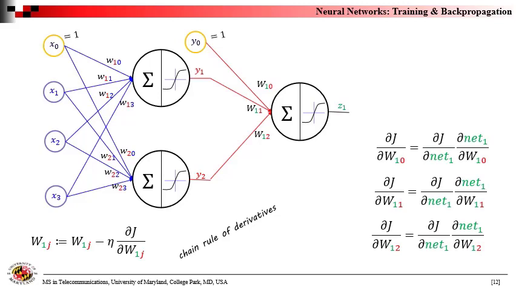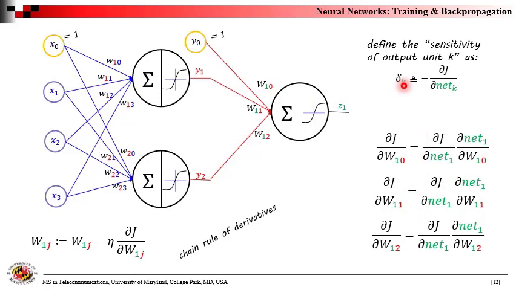In other words, we take one partial derivative that is not really obvious how to solve, and we replace it with two partial derivatives that each individually are easier to solve. And you're going to see why these are easier to solve. So the partial derivative with respect to W10 can be replaced with the partial derivative of the cost with respect to net 1 times the partial derivative of net 1 with respect to W10. And we do the same for all three of these partial derivatives.